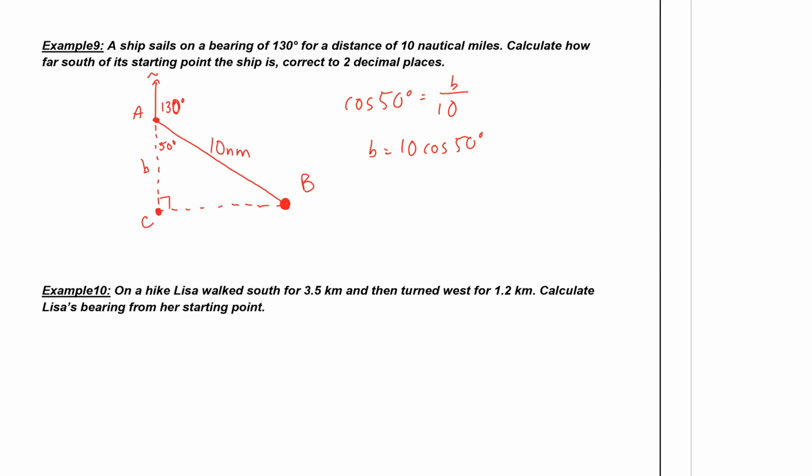And out comes the calculator again. The inverse tan of 1.2 over 3.5 is 18.92 or 18 degrees 55 minutes.